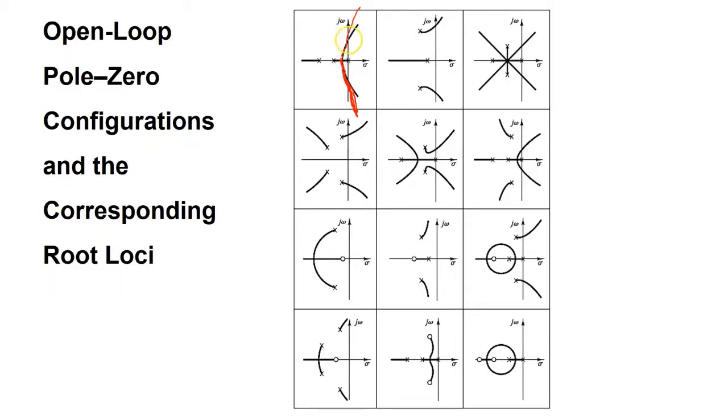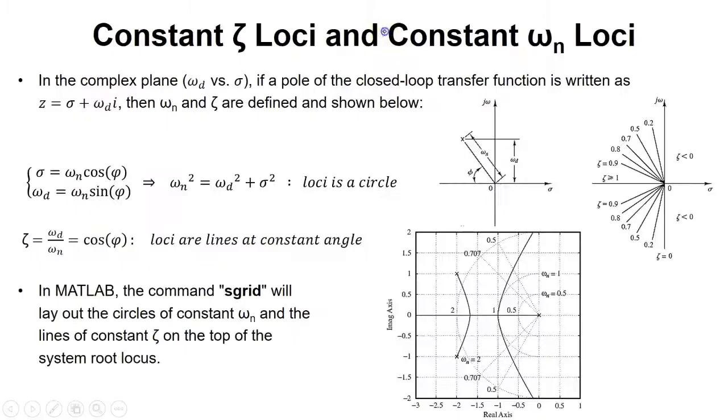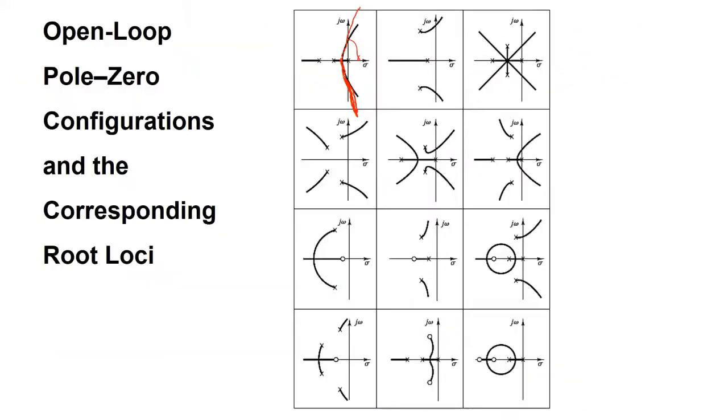right? And they have some angles, and then these asymptotes have what? An intersection point. Or let's look at, let's say, a case maybe here again. You can see that there is an asymptote here, and there is an asymptote here, and there is an intersection point.